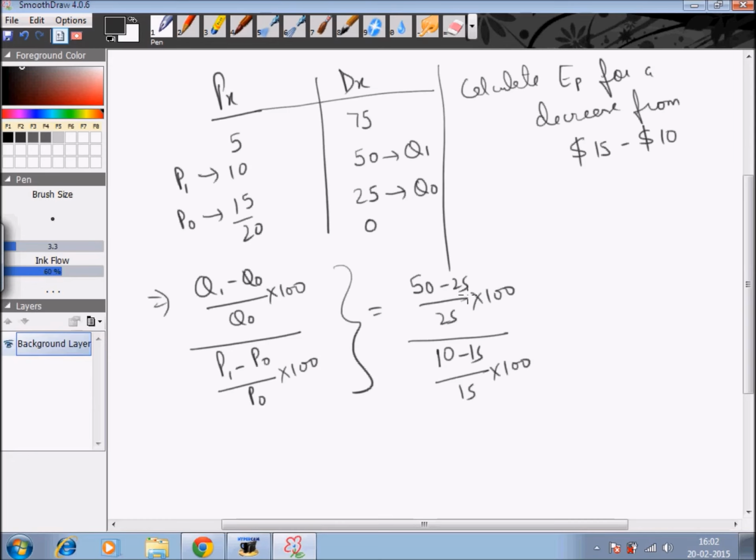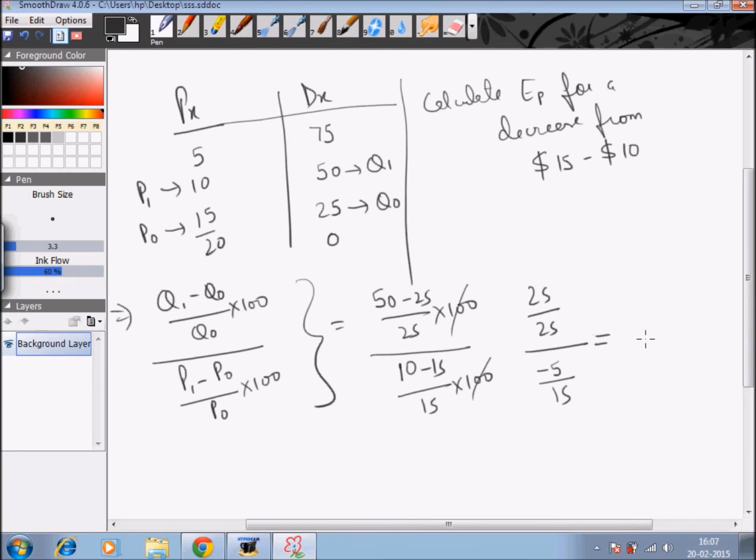So before substituting the values, just clearly define what is Q1, what is Q0, what is P1, what is P0, then you will get the answer correct. Cancelling out 100, we get 25 upon 25 divided by minus 5 upon 15. Solving this out, we get minus 3.03.